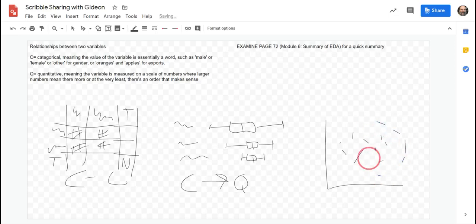Pretend those are dots. I really have no idea, so I'm not going to try to build any pattern. This is Q, right? You've got the values that go up and across, Q to Q. Numbers versus numbers. You're used to graphing like that from all of your algebra classes.